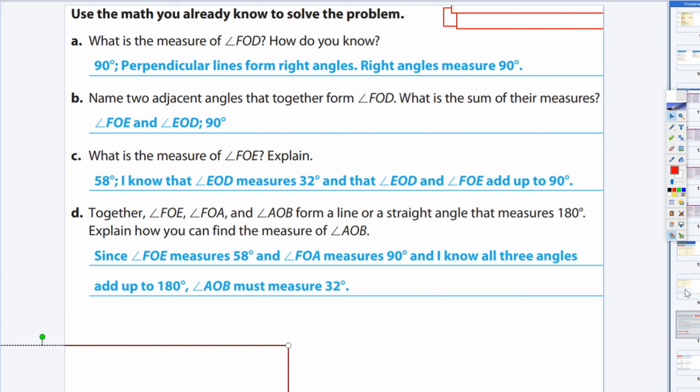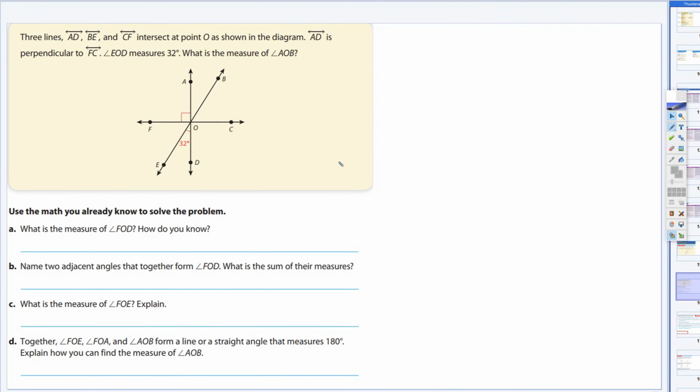Let's check that out. Since FOE measures 58 degrees, can everybody see that? And then you have FOA measures 90 degrees.